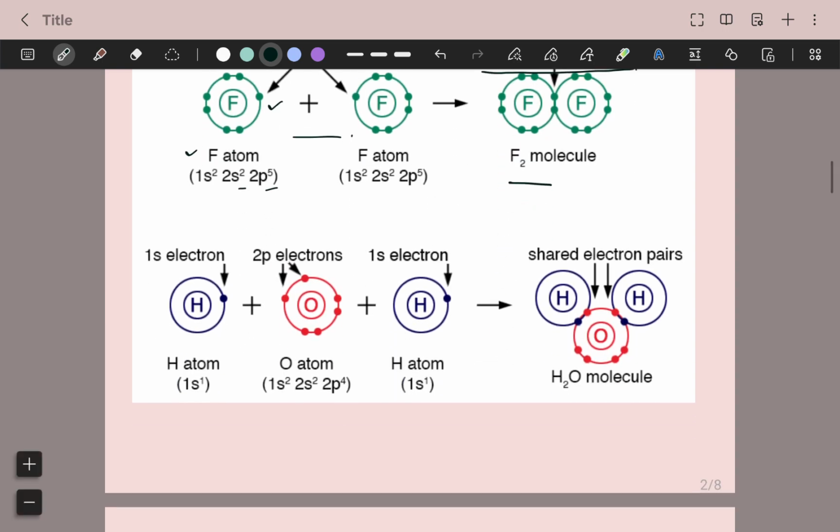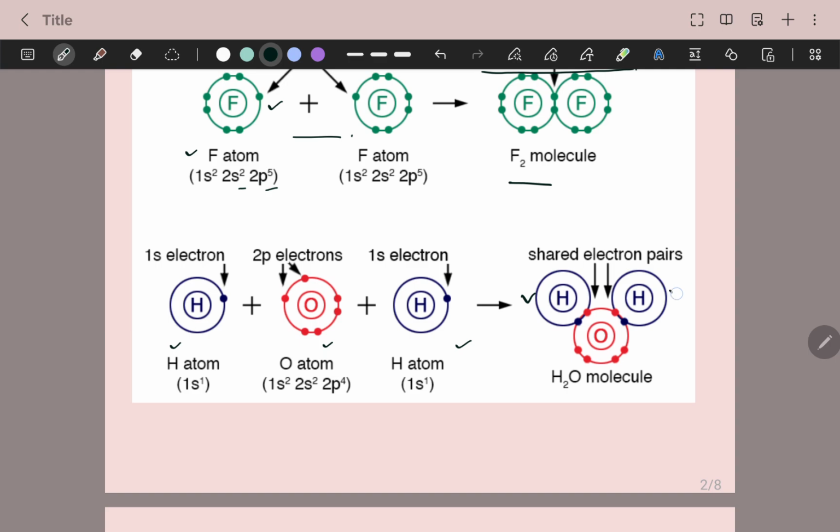Similarly, water. How is water formed? Oxygen has 6 electrons in its valence shell and has a tendency of 8. Hydrogen has 1 electron in its valence shell.